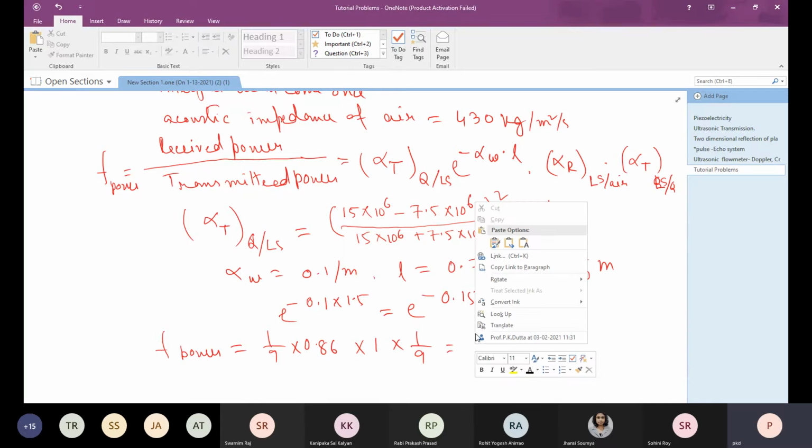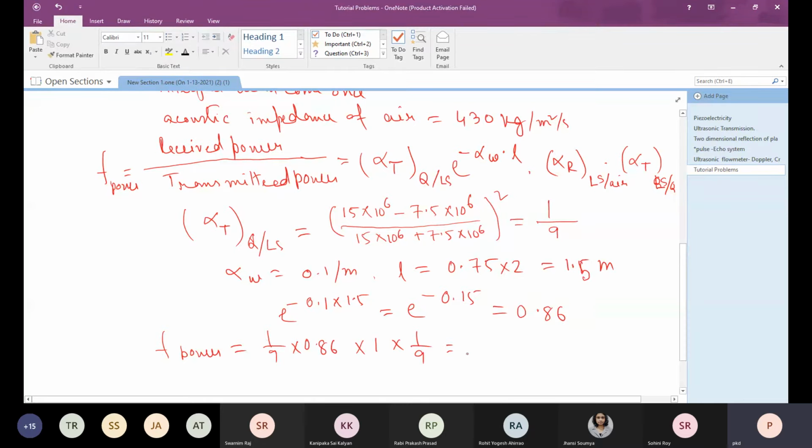So how much is it? 0.86 divided by 81. So 0.016. Oh, 0.016. 0.106. No, sir, 0.0106.